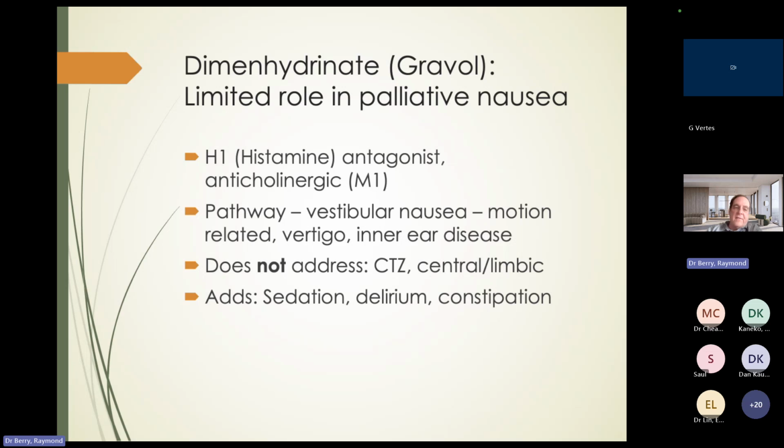Causes all the strong anticholinergic side effects that we don't want to give. It doesn't address the root causes of nausea in palliative care. So really very, very limited role. If somebody had vestibular nausea, I suppose it could add to this. They could have inner ear disease, but very, very rare and should essentially not be prescribed.